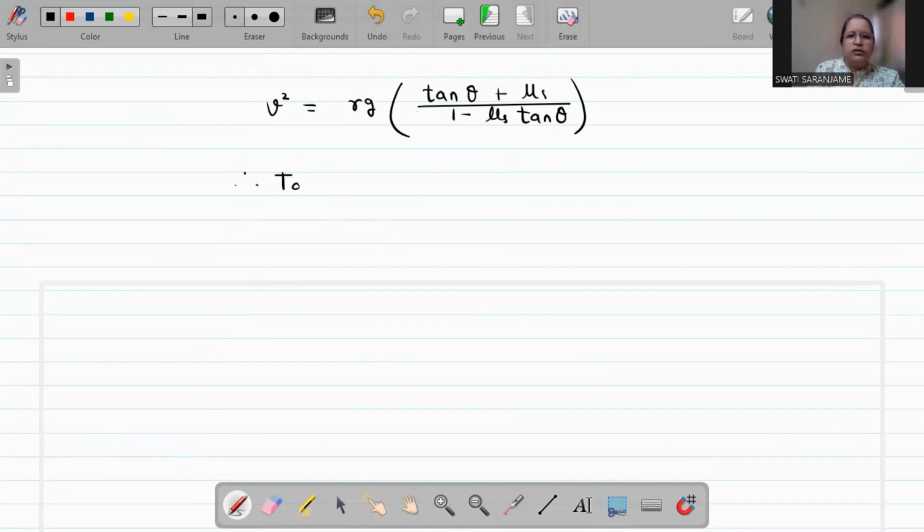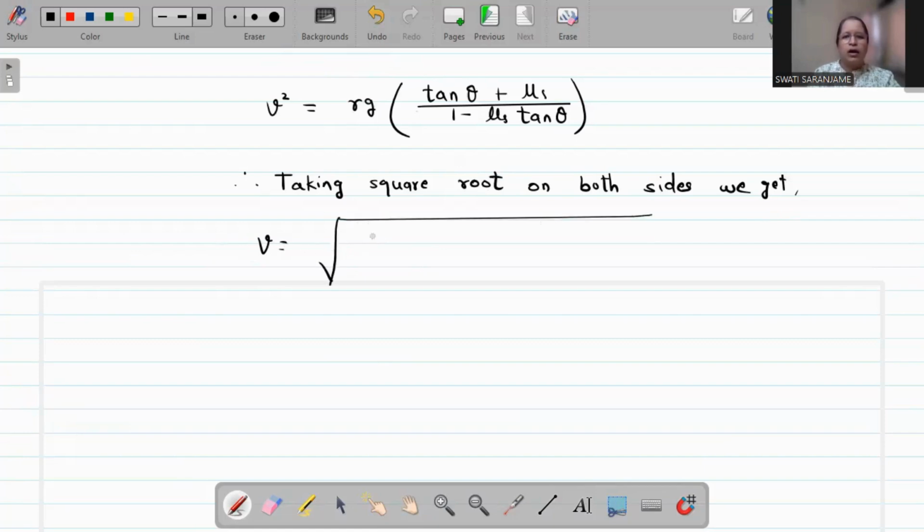Therefore, taking square root on both sides, we get v is equal to under root Rg times tan theta plus mu s upon 1 minus mu s tan theta.